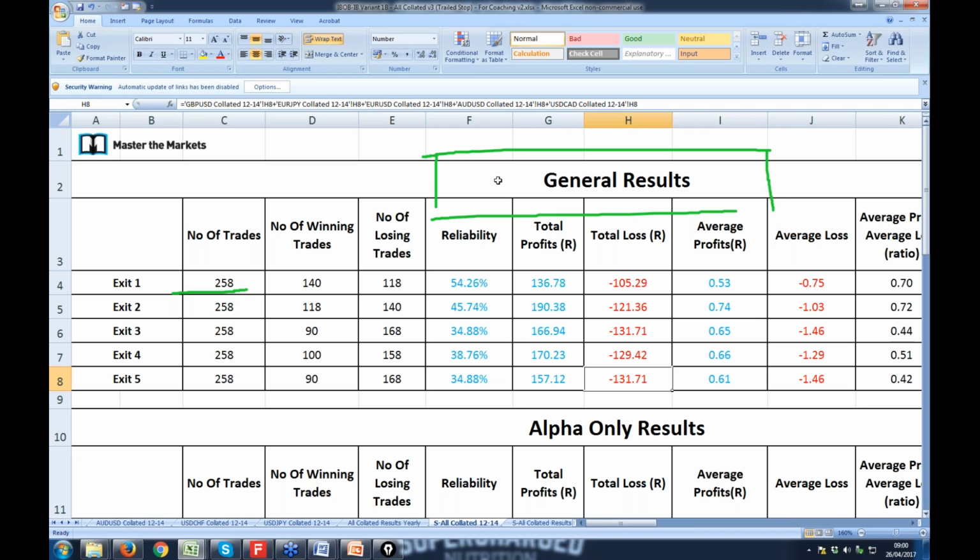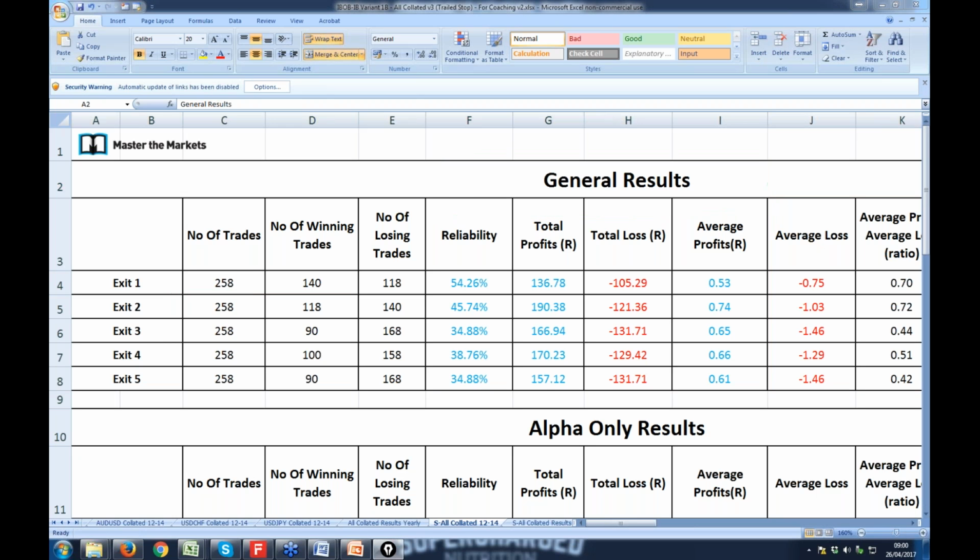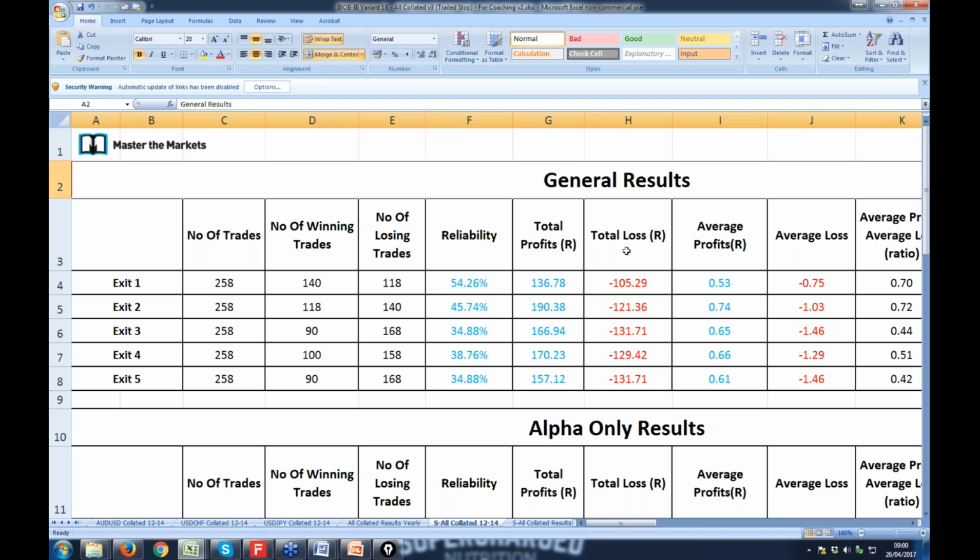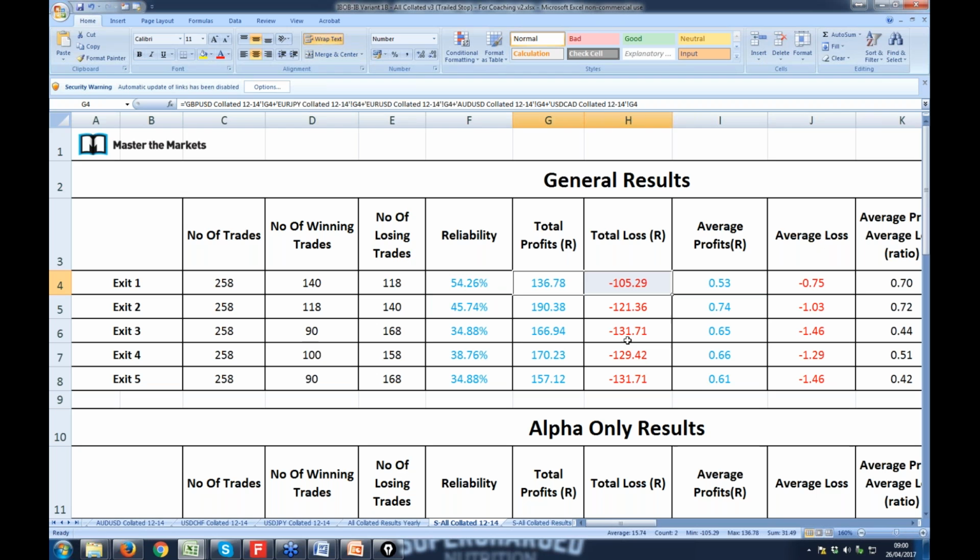You see, having the highest probability of winning is not really what you want, because the highest probability of winning is this particular exit just here, which is exit 1. But exit 1 is not the most profitable exit. It has the highest probability of winning though. How can that be? Well, when you add your total profits and your total losses, you get 31.49% on exit 1.